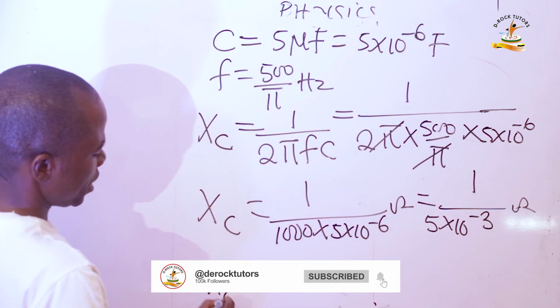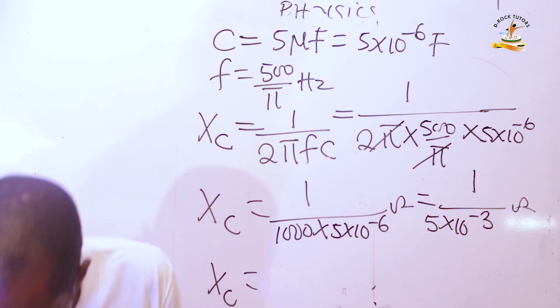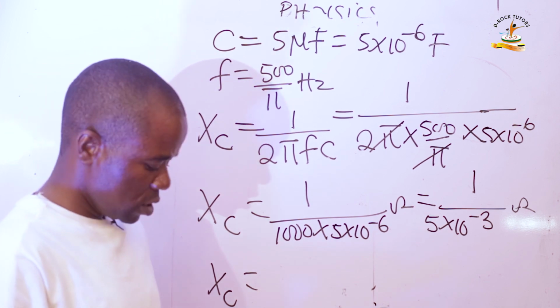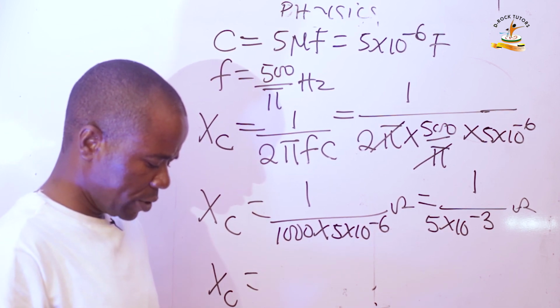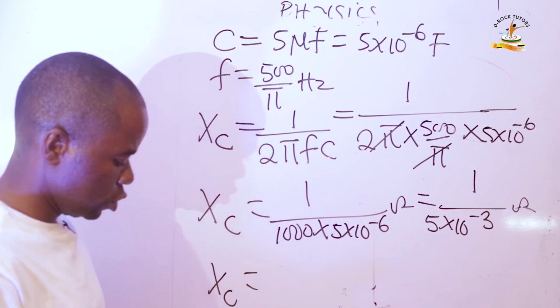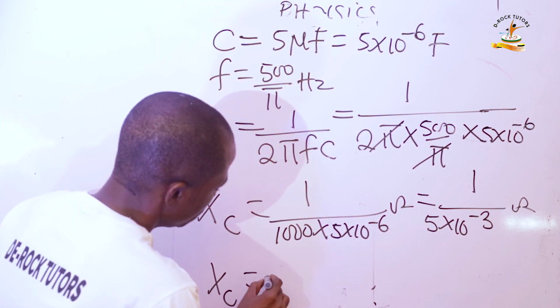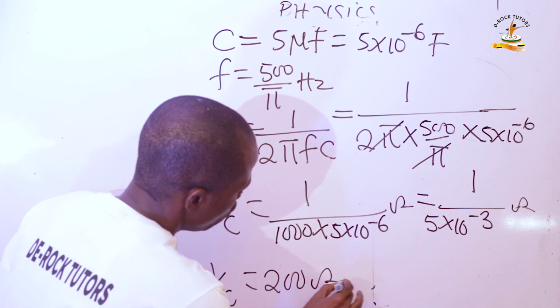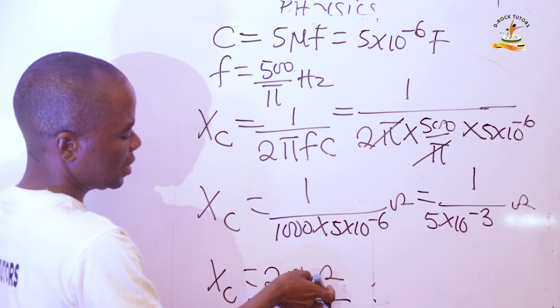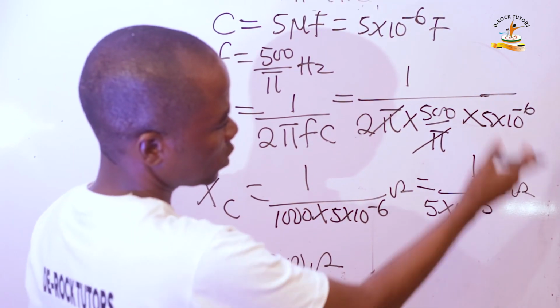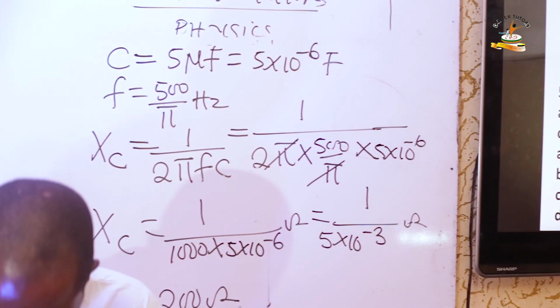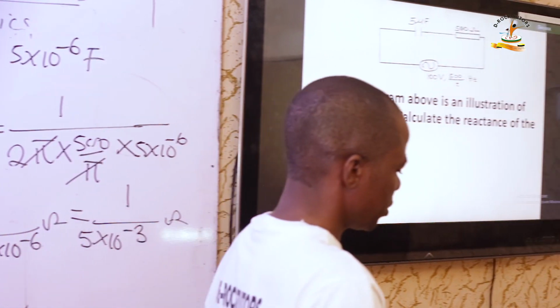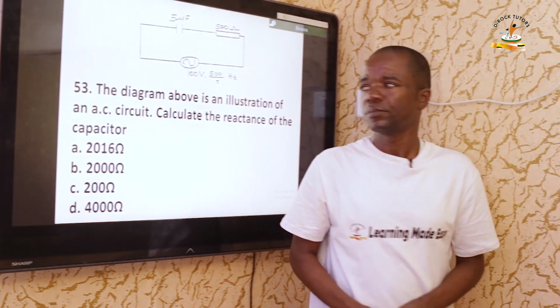And then finally, XC is equal to, if we use a calculator to divide 1 by 5 times 10 to the power minus 3, 200 ohms. So the capacitive reactance XC is 200 ohms. And if you look at the options, that is option C. So option C is the correct answer.